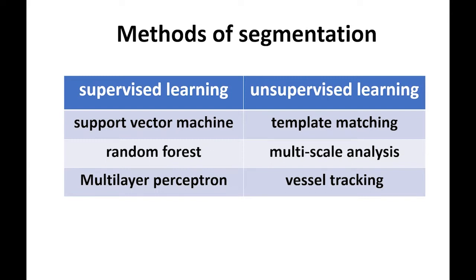Unsupervised methods don't need labels. Common supervised learning methods applied to retinal segmentation include the support vector machine, random forest, and multi-layer perceptron. The common unsupervised learning methods consist of template matching, multi-scale analysis, and vessel tracking.